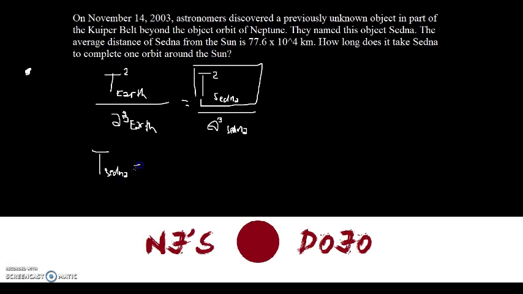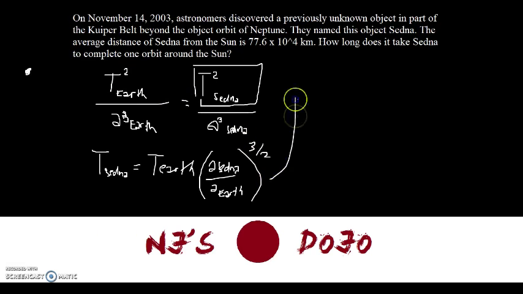the equation to form T Sedna equals T Earth multiplied by A Sedna over A Earth. And because of the exponents, this has to be raised to 3 over 2.